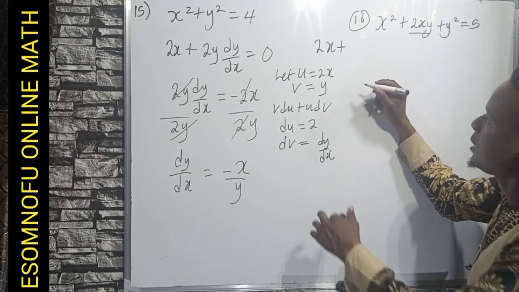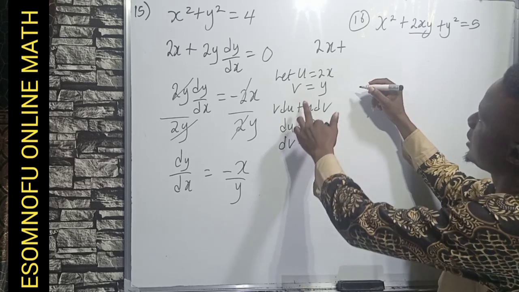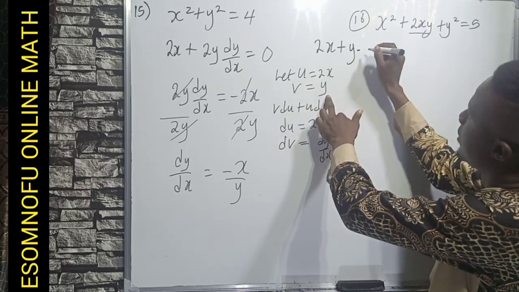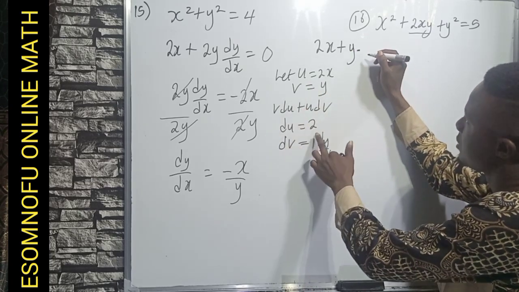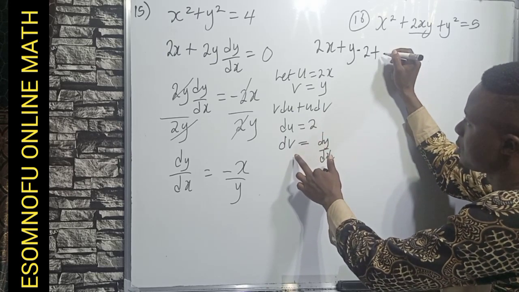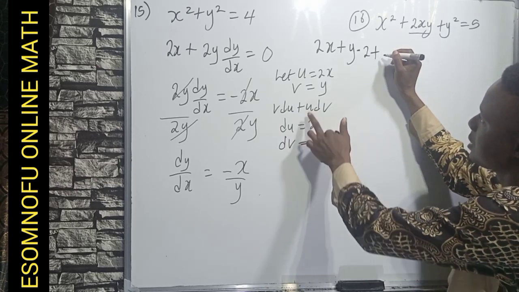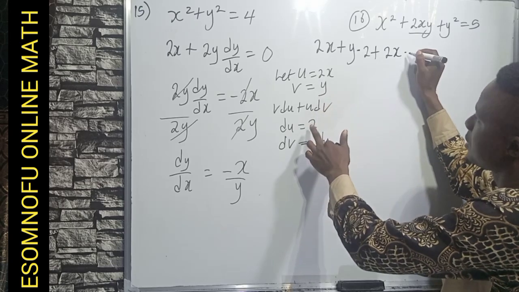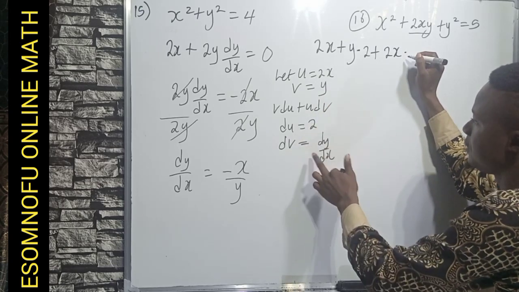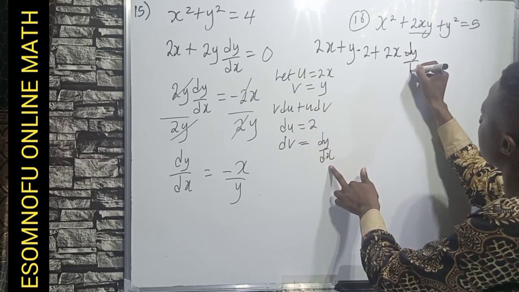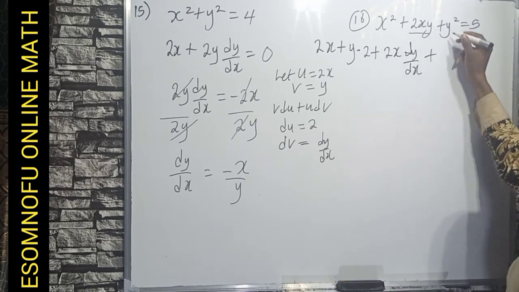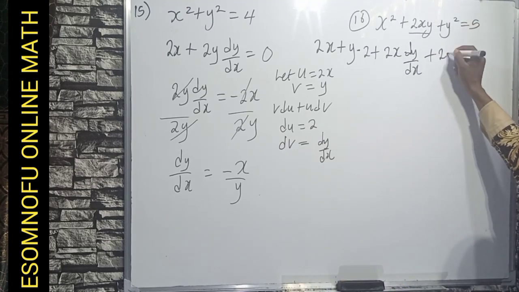So from here you have v. Our v is y multiplying du. Du is 2, plus u. Our u is 2x multiplying dv, and dv means dy over dx. Then plus, if I differentiate y squared, I will get 2y.